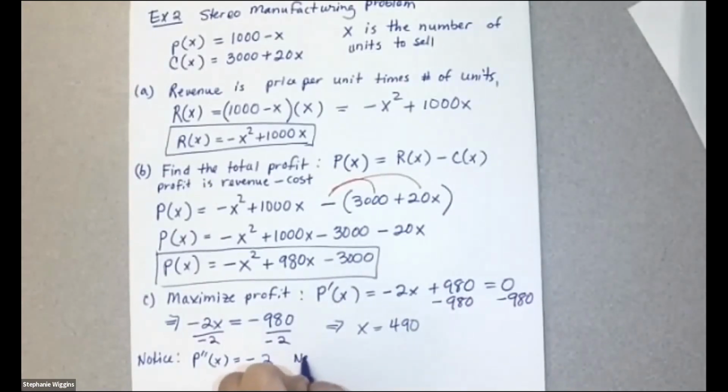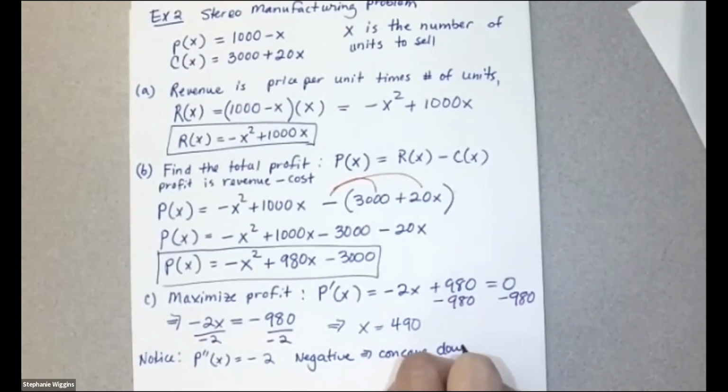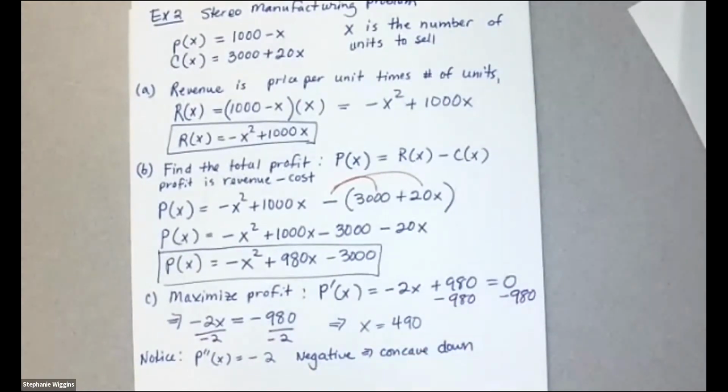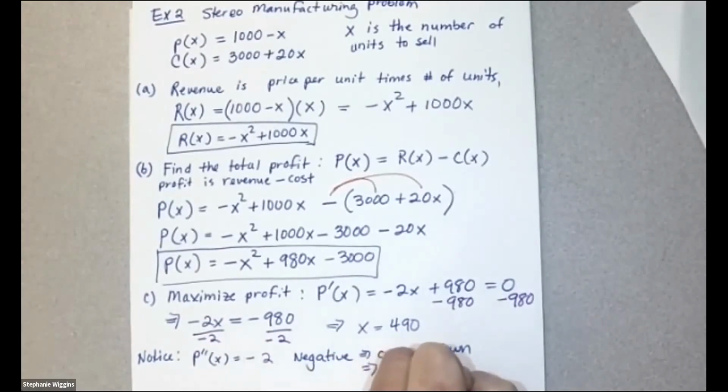This is negative, so that means it's concave down. So I can be rest assured that 490 is actually a maximum and not a minimum. I don't want a minimum profit, right? I can be rest assured that this is actually a maximum.